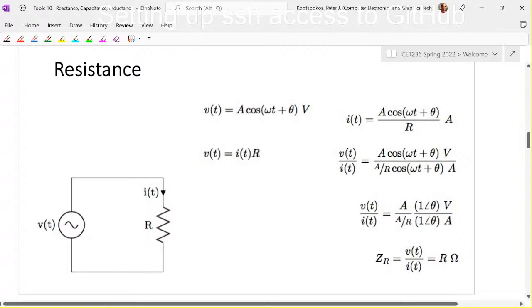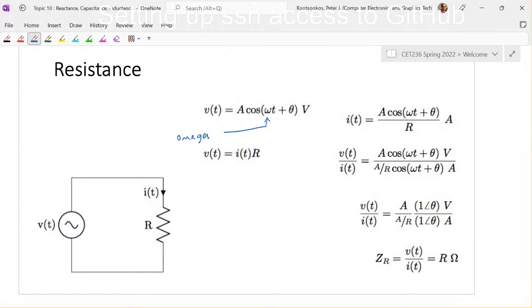And it's going to be A cosine omega t plus theta. So this little W thing here is a small omega, and I really find it funny that I call it small omega, right?